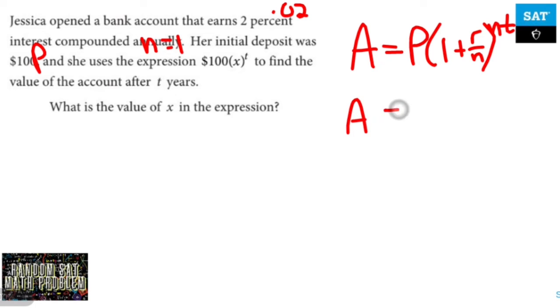I have A equals my principal, which is 100. I knew that already, times 1 plus my rate, which is 0.02, over 1, to the 1 times t, which is t.